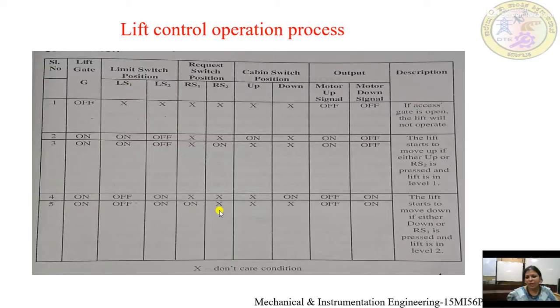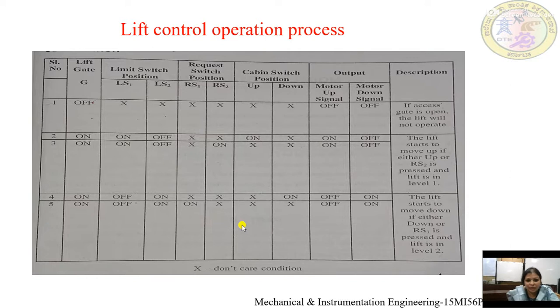So in the last slide we have seen the operation of the ladder program for the lift control. We have tested it for its output, giving the various input status.